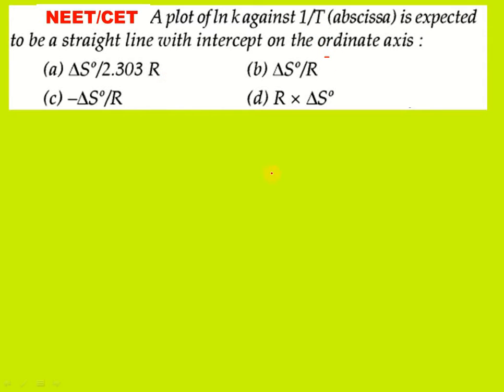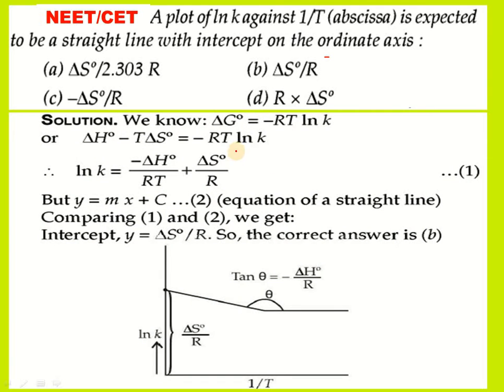So you can observe this relation, which is available in the Gibbs equation. Delta G naught is equal to minus RT ln K. If you substitute delta G naught in this one, you will get ln K is equal to minus delta H naught by RT plus delta S naught by R.